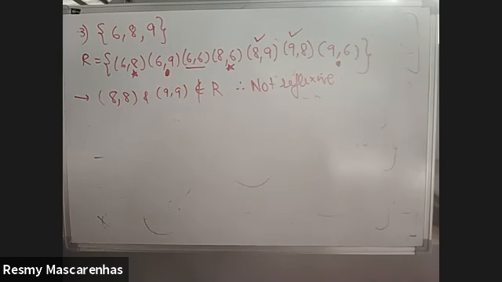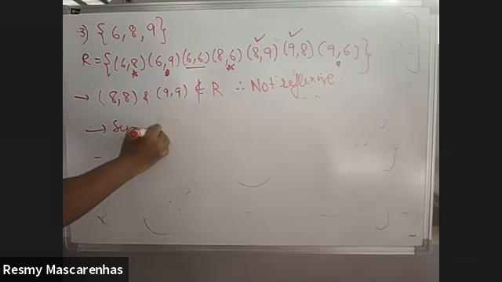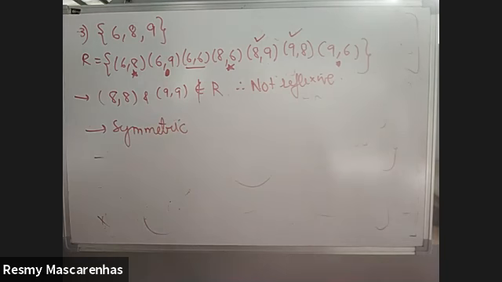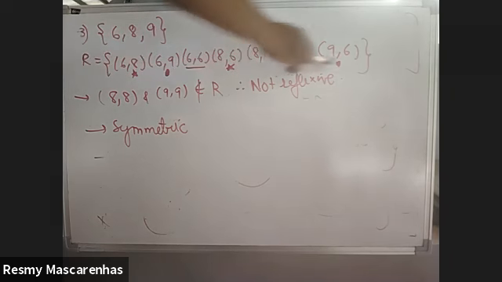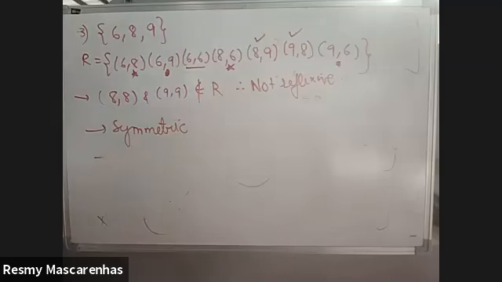So all its reverse pairs are there. That's why it will be symmetric. The pairs I've given a similar symbol, star and star here, dot and dot, tick marked here. So that will be for symmetry.